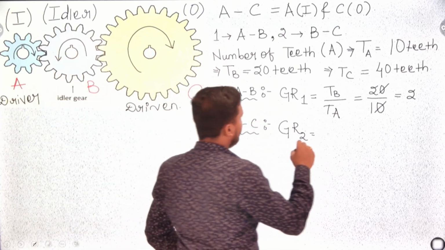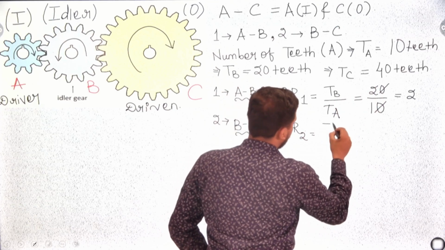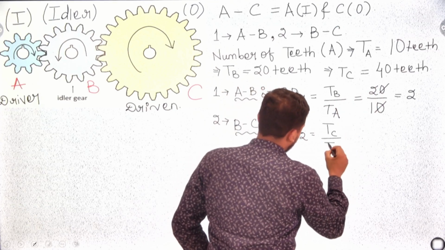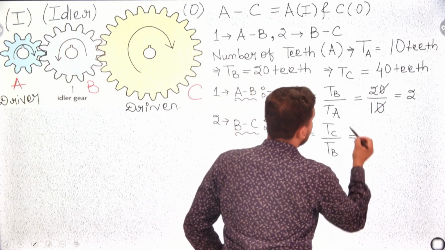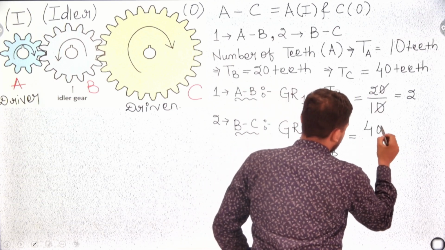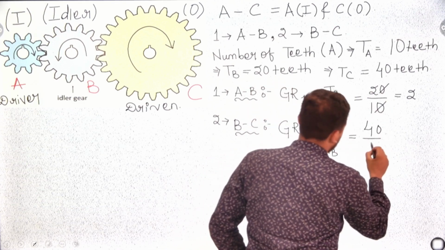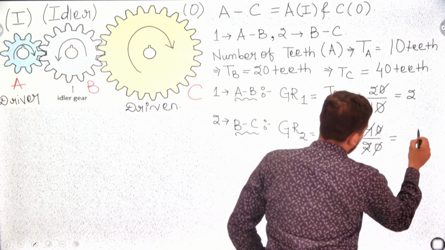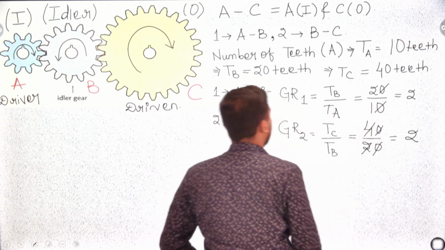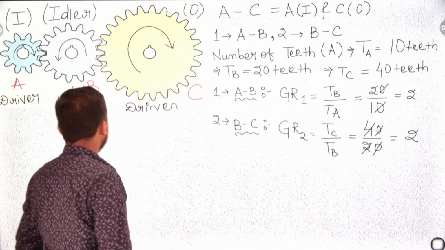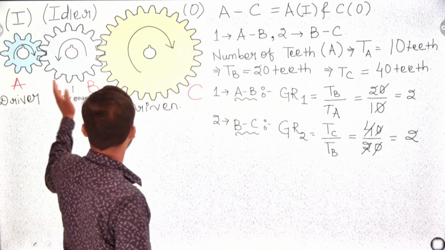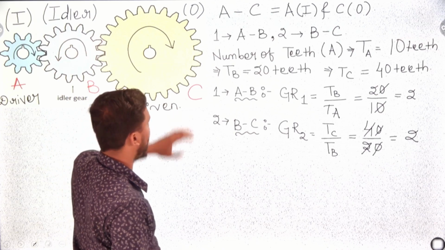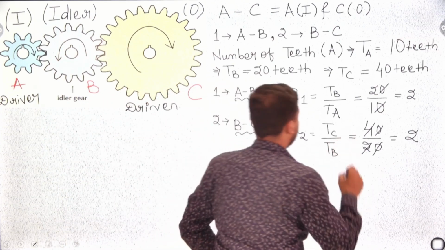So output by input, teeth number, TC by TB. TC is 40 and TB is 20, so it is also going to get 2. So gear ratio 1: 10, then double 20 and double 40. The gear ratio becomes 2.